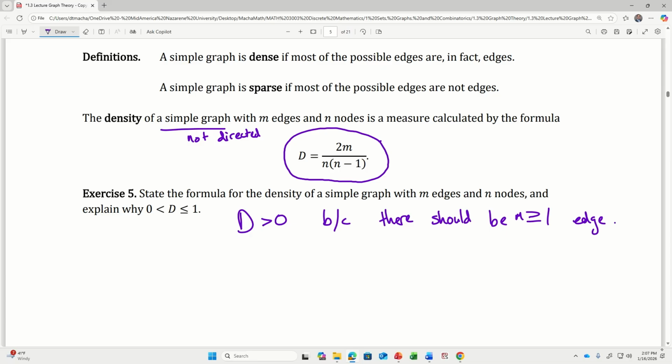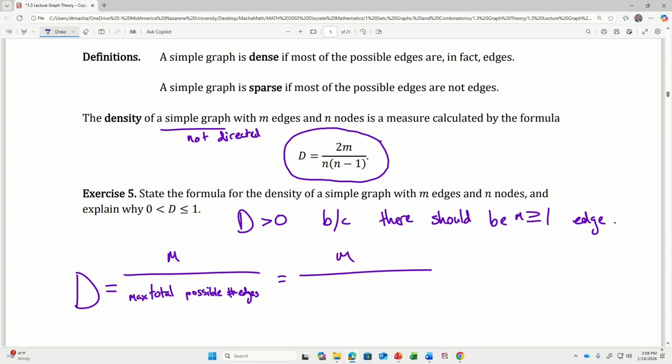Why does it need to be less than or equal to 1? Because what we're doing for density is we're taking m, which is the number of edges, and dividing by the max total possible number of edges. In other words, we're taking m divided by n times n minus 1 over 2.